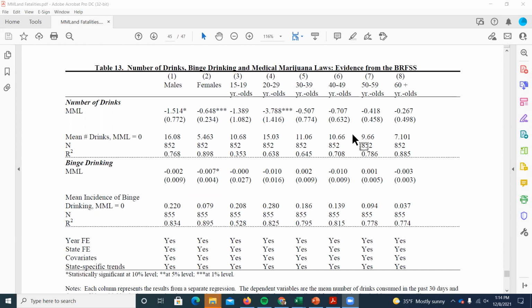Right? We fail to reject the null. Although for younger individuals, specifically 20 to 29, the number of drinks, and this isn't significant, but it's definitely the largest estimate we have here for binge drinking. For this age category, 20 to 30, medical marijuana being legalized was really reducing the use of alcohol.